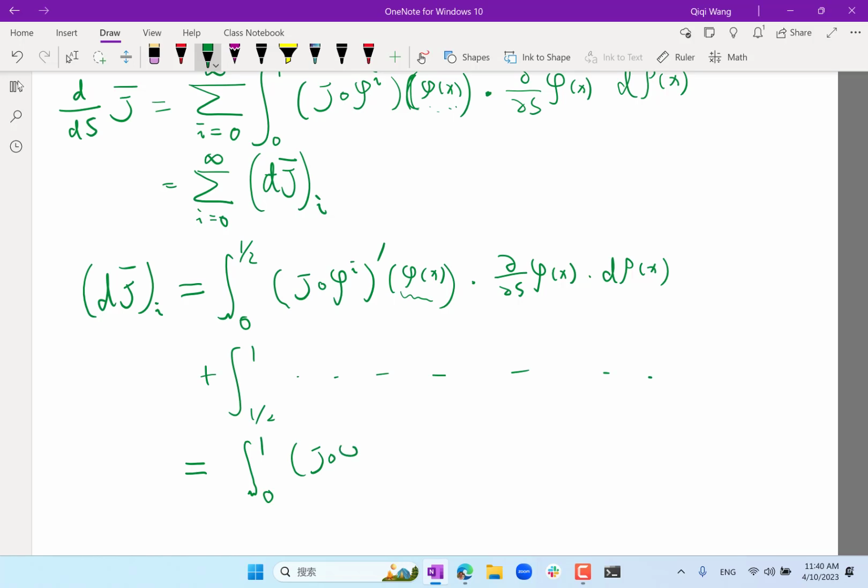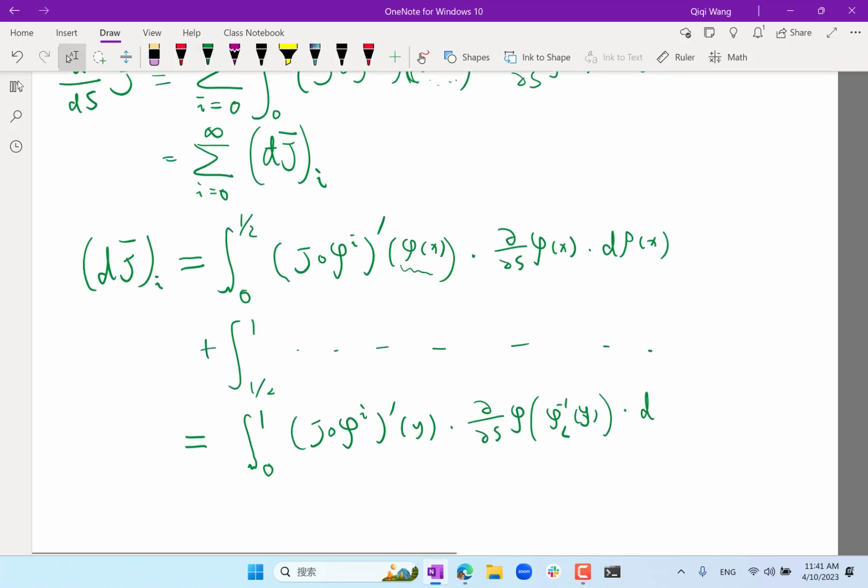So this is j compounded with phi to the ith time at y, and now this is dds of phi evaluated at phi inverse, let's say the left half, of y times d rho, again at phi left inverse at y.